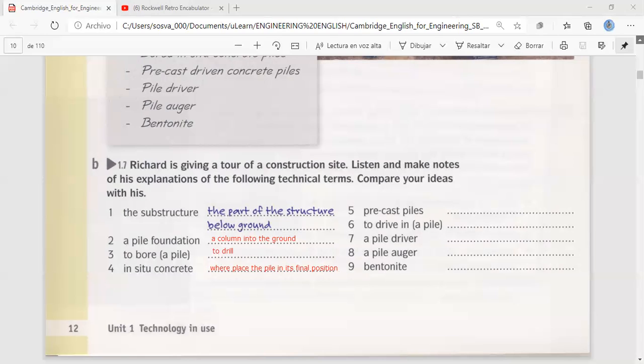Hammered. Okay. As he said, made at the factory away from the site. Yes, you remember that I mentioned that, for example, the sewer system, el sistema de drenaje, you don't build it in the site, no lo construyen ahí en el sitio, los tubos, los traen ya hechos. Exactly. Entonces, eso es el precast pile, son todos los cimientos que se hacen con otra empresa y son entregados en el sitio de la construcción. Okay.